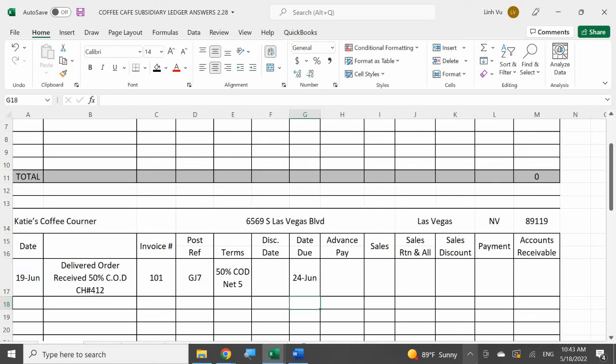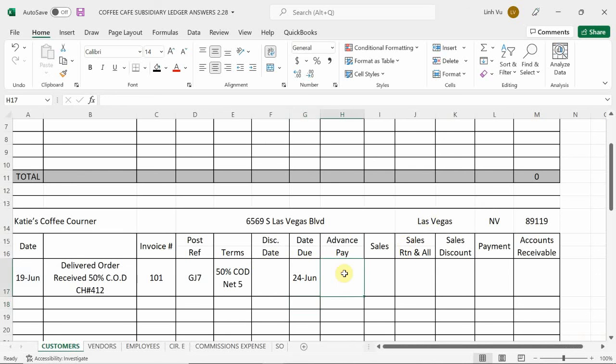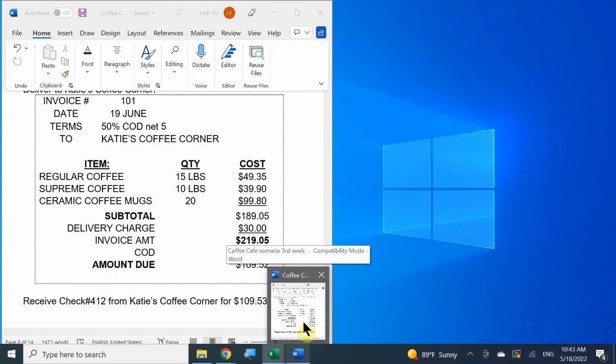June 24. June 24, okay? 5 days later, right? So in this case, did we have an advance payment? No, because she didn't give me money prior upon her ordering, right? What was her total sales amount? How much did she originally owe me before she paid?